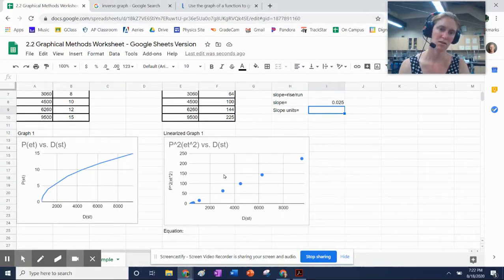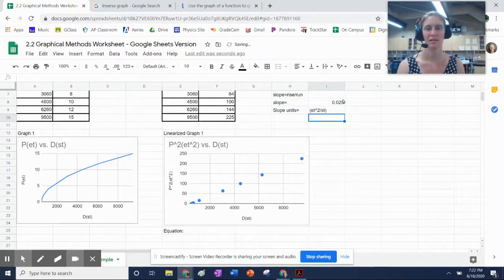So my rise units are ET squared divided by my horizontal units, which are STs. Who knows what that is? Okay, I'm going to put this in parentheses so I remember that those are my units.